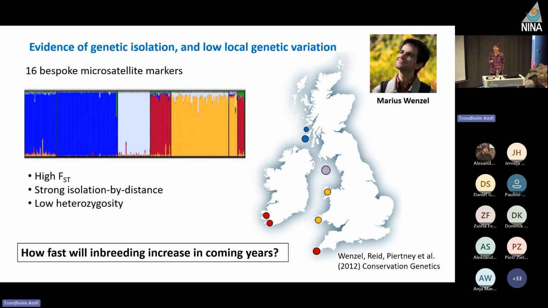I just wondered if you've considered starting a breeding program. Yeah, that's also on the agenda. Choughs have recently been reintroduced to Jersey in the Channel Islands and also to Kent, which is down here, and those birds have been bred in captivity and originate from the South Wales population. So there is some capacity to do that.